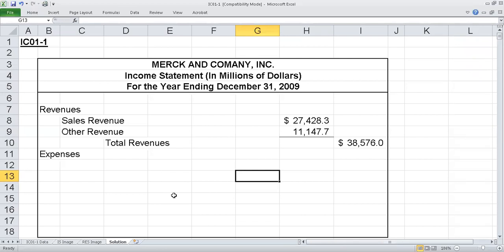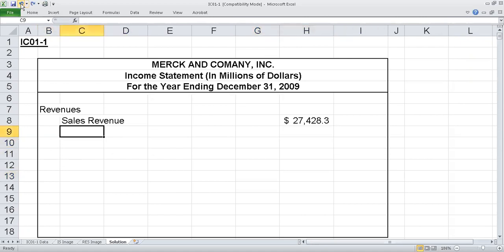So let's pretend that the only revenue that Merck had was the sales revenue. The presentation would be a little bit different. Right? We'd still have the classification revenues. Even if there's only one account in the classification, we're still going to have the classification. Right?